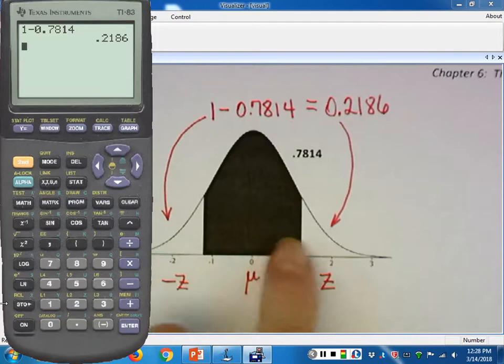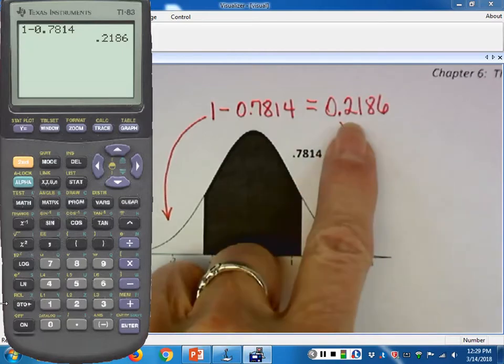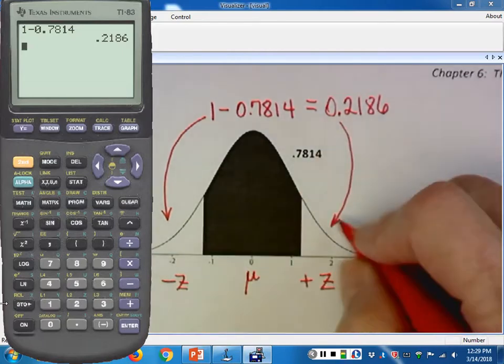Now, since this is in the middle and that curve is symmetric, remember, the mean divides it right down the middle, that means that half of that 0.2186 is over here.